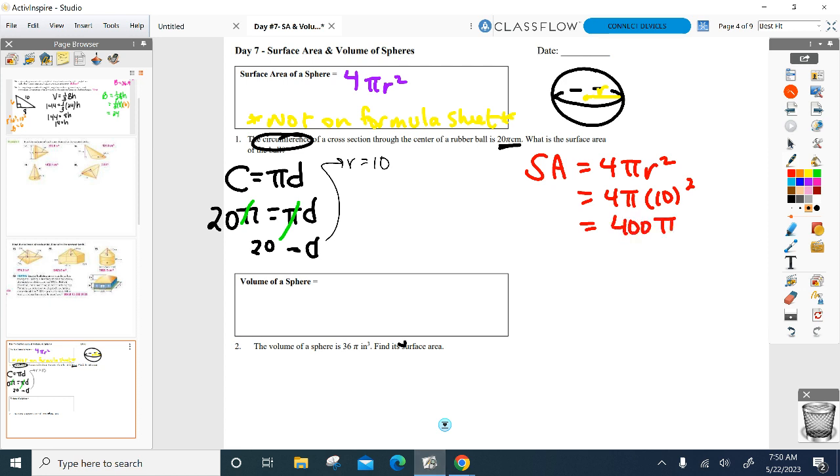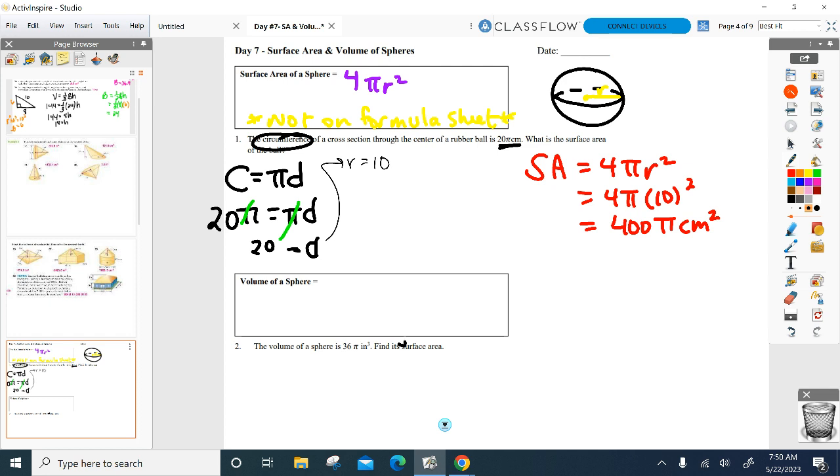And if you are putting units, remember, I know we're in volume, but we just found surface area. So make sure if you're going to put units, this would be centimeters squared, right? Because it's area. So we're good. Surface area, 4 circles, 4 pi r squared.